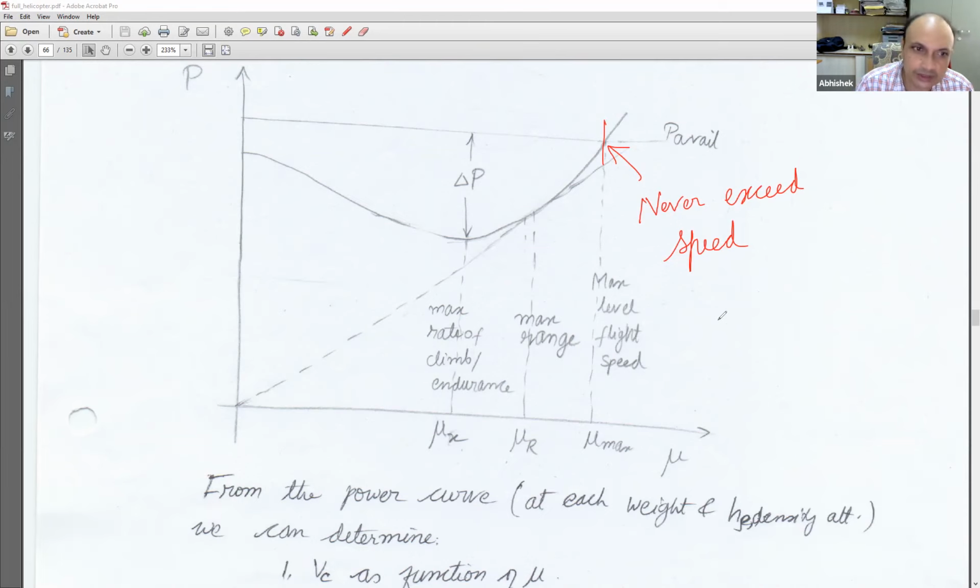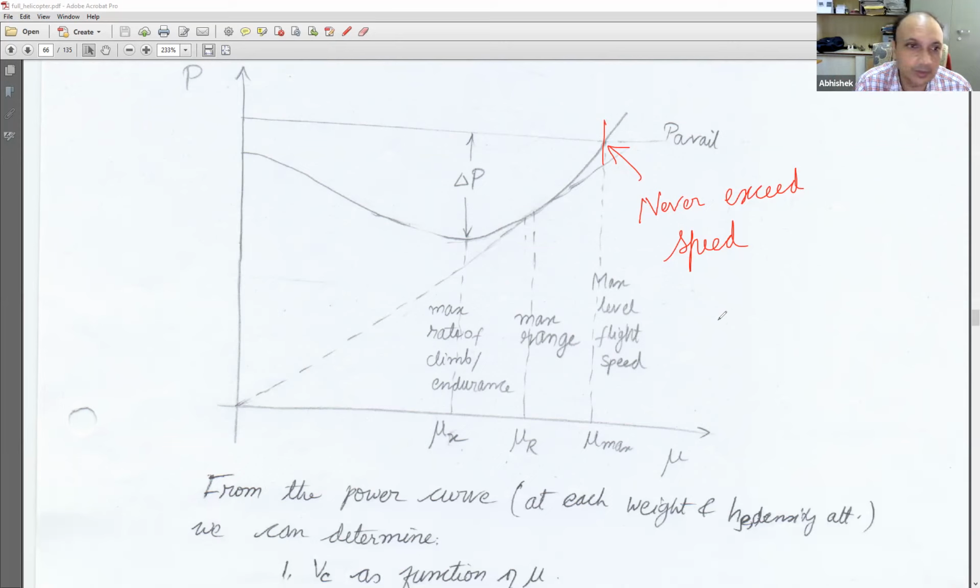So now the next question is, what does SFC depend on? Quality of fuel, sir. Calorific value of fuel. No, I mean, you are going into combustion, right? I'm not concerned about what is happening inside the engine.